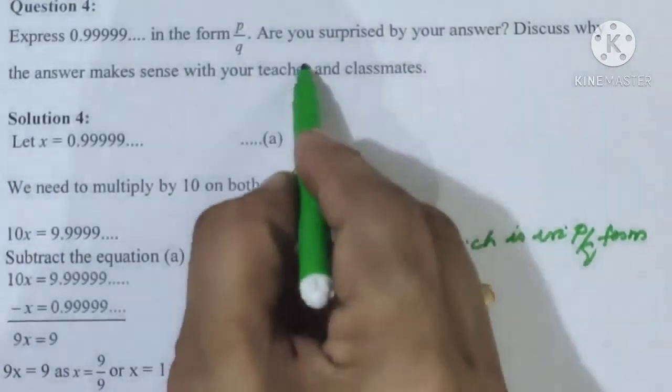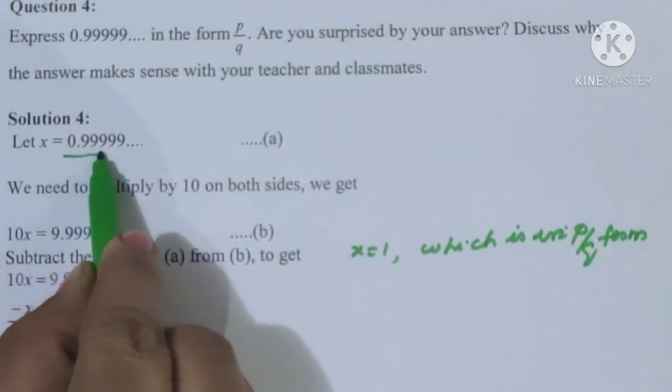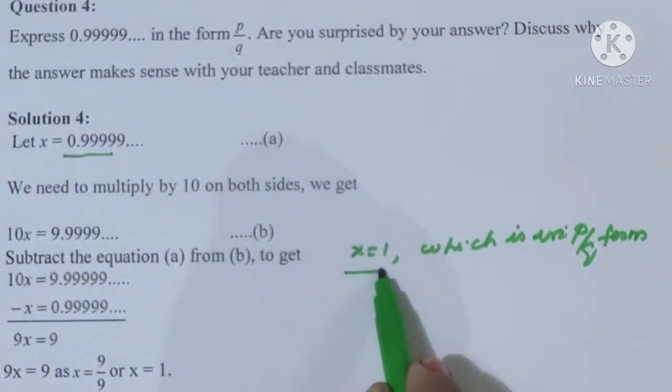Now the question asks, are you surprised by the answer? Discuss why the answer makes sense with your teacher and the classmates. Just by looking, we can say that 0.9999 and x equal to 1 are both having no gap, almost very close to each other, so hence they are equal.